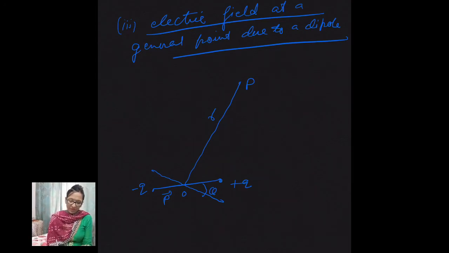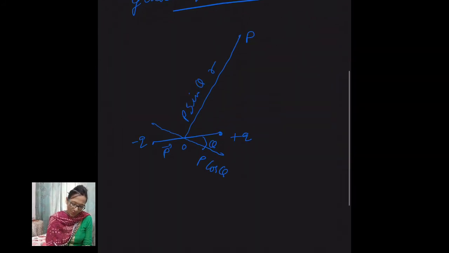So what will be the process? As we know, the dipole moment is a vector, so this vector can be resolved into two components. Let us resolve this vector into two. Let there be a dipole moment component along the direction of OP, and that will be p cos theta.